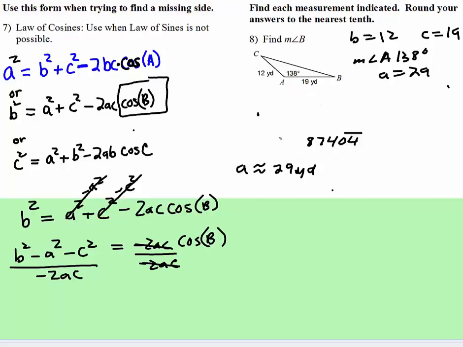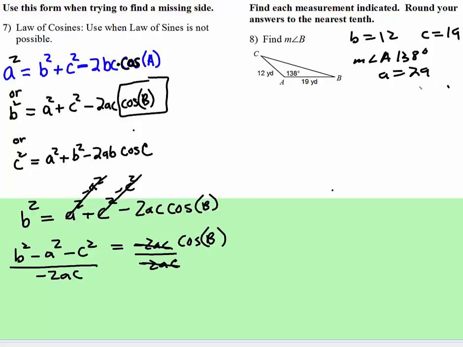Now we want to find the measure of angle B. I'm going to store 29.0495 in the calculator; it'll be off a little bit, but that's okay.